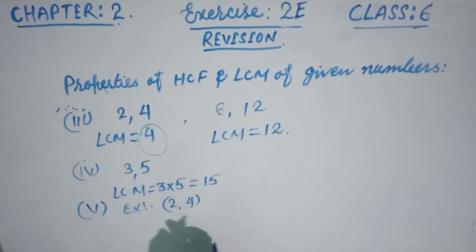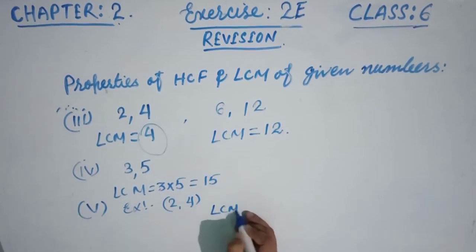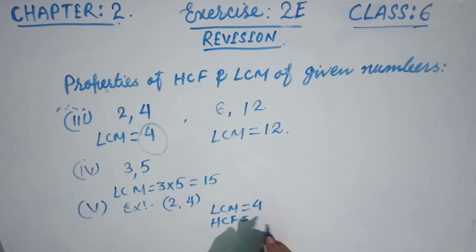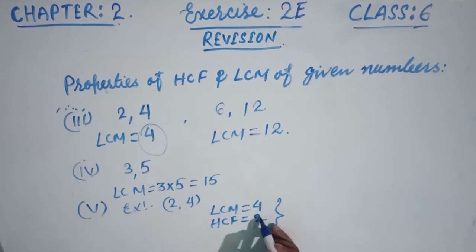Now see, friends, we have taken the example 2 and 4, so the LCM of 2 and 4 is 4 and the HCF is 2. And have a look, friends: what is the relation between LCM and HCF? Here the LCM is 4 and the HCF is 2.